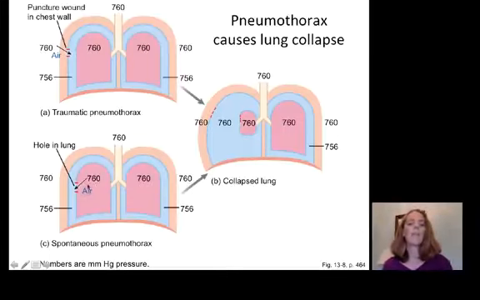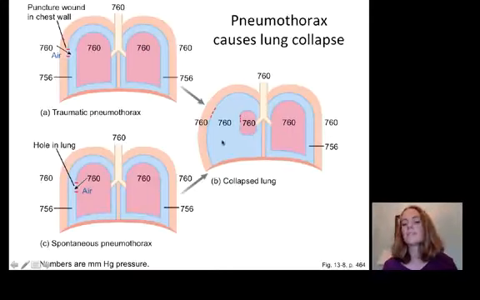The same thing would happen if you have a hole in the lung between the lung and the pleural space. That will equilibrate again with the pleural space and create 760 all around, so no more negative pressure in the pleural space. The same thing will happen. You'll have a collapsed lung.